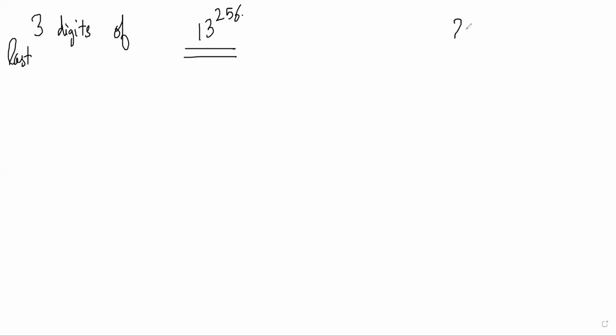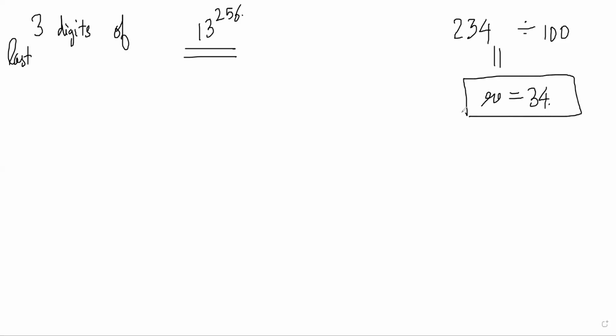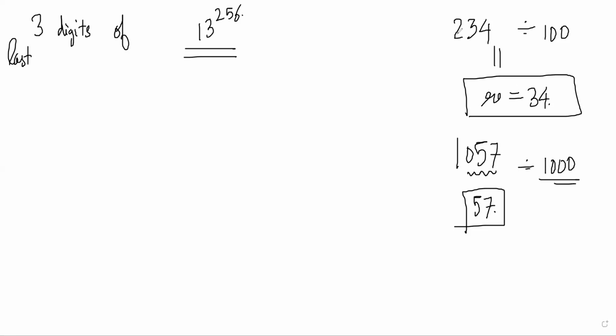So if you have 234, last 2 digits are 34. How do you get it? If you divide it by 100, remainder is 34, right? If I have some number 1057, what are the last 3 digits? It is 57. It is the remainder that you get if you divide it by 1000. So it's the same question as before, just asked in a different way.